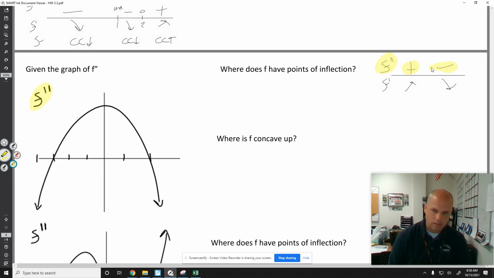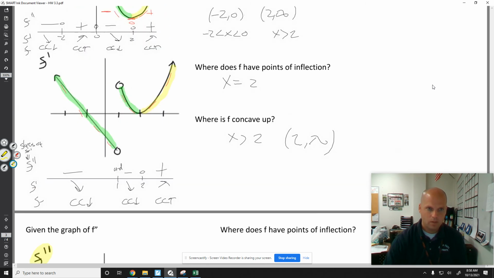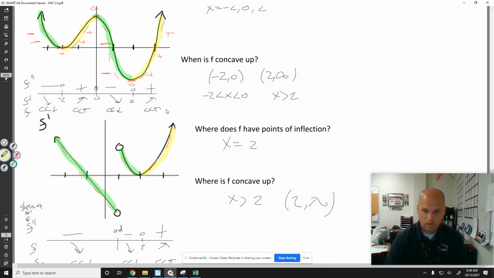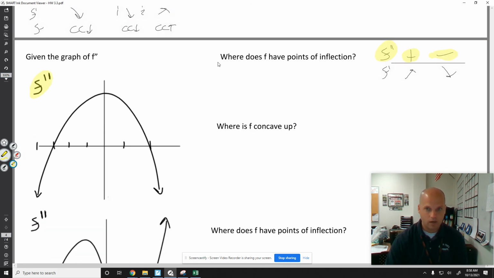It's like what we did in the last class when I gave you f prime and I said, look at the signs of f prime. And you said, oh, it's positive, 0, negative, 0, positive. That's what you're going to be doing here because I want to figure out the signs of f double prime.